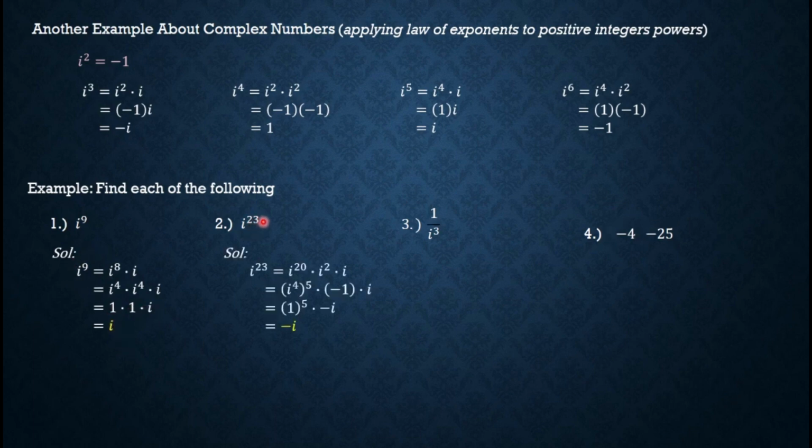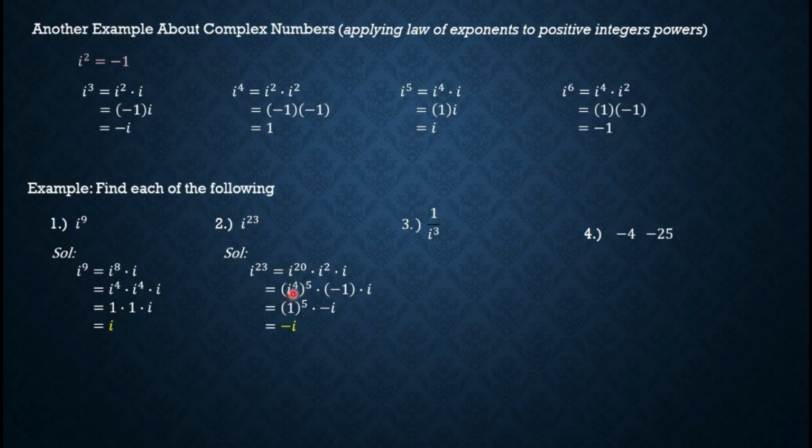Question number 2, i to the power 23. So i to the 23 is equal to i to the 20 times i squared times i. The exponents add: 20 plus 2 plus 1, where the exponent of i is 1, so 23. Easy solution, right? 4 times 5, we multiply the exponent, so 4 times 5 is 20.